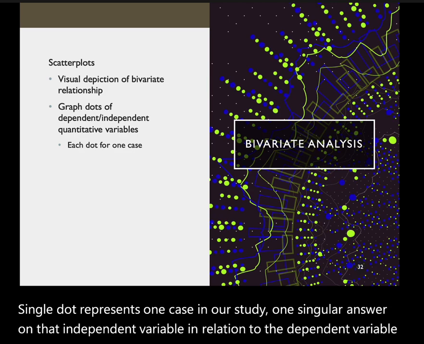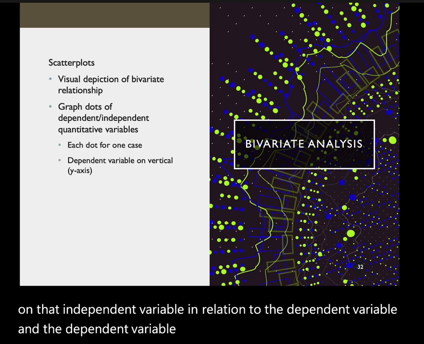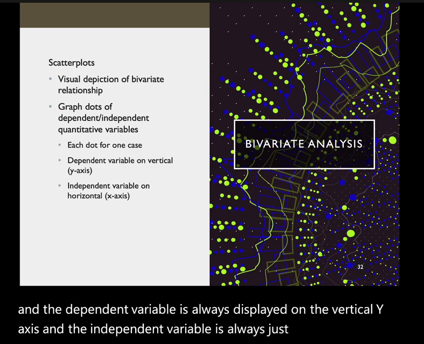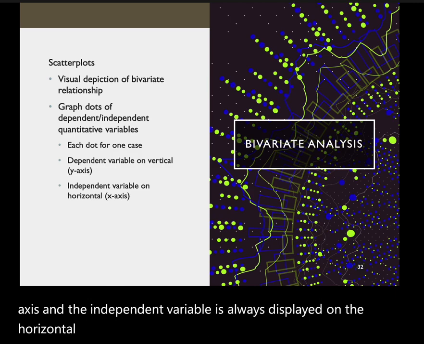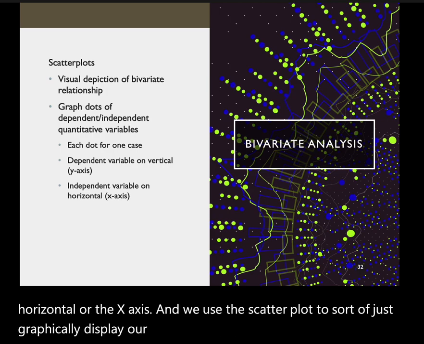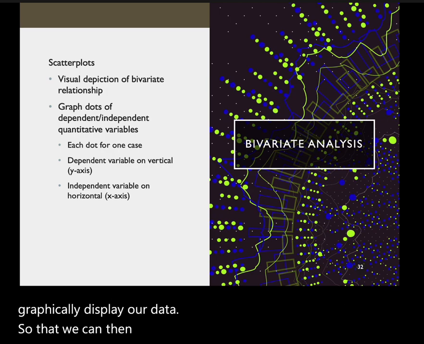The dependent variable is always displayed on the vertical y-axis, and the independent variable is always displayed on the horizontal x-axis. We use the scatter plot to graphically display our data so that we can then establish a regression or a best fitting line.